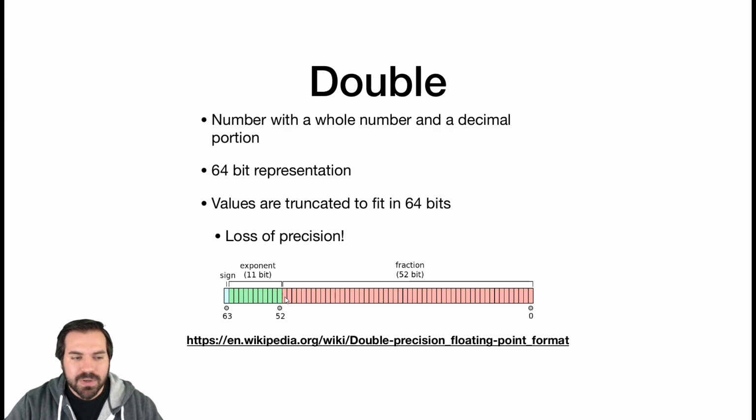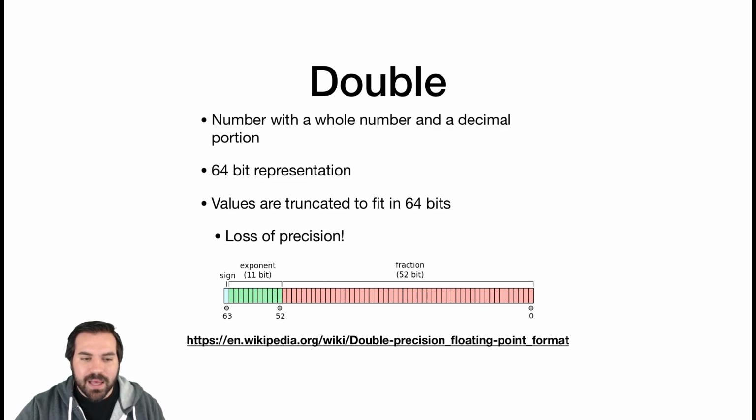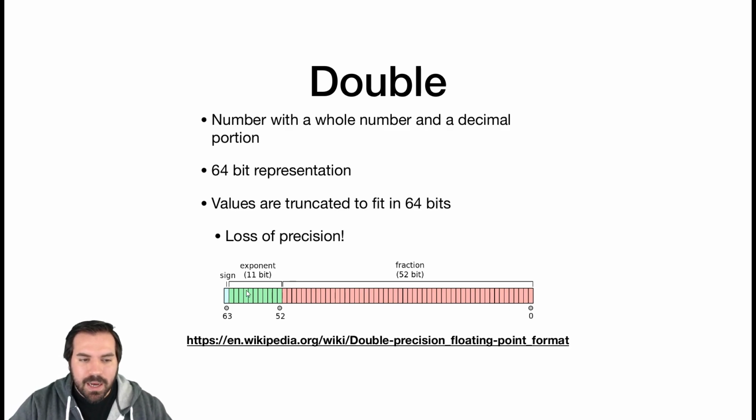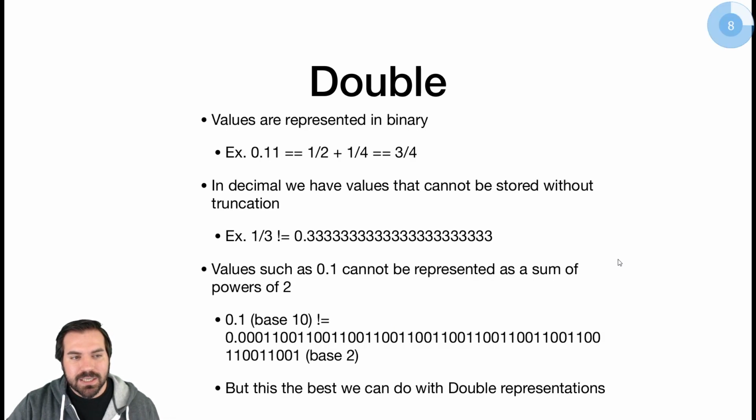We have the fraction portion, which is the number, with only one leading value. And it's mostly the decimal portion, and then the exponent, which is like times 2 to the exponent. So it's scientific notation, but in binary. So that's how we're storing the doubles, plus the sign, of course. So whatever we can fit in this representation, that's what we can represent. But we can't fit everything in this representation.